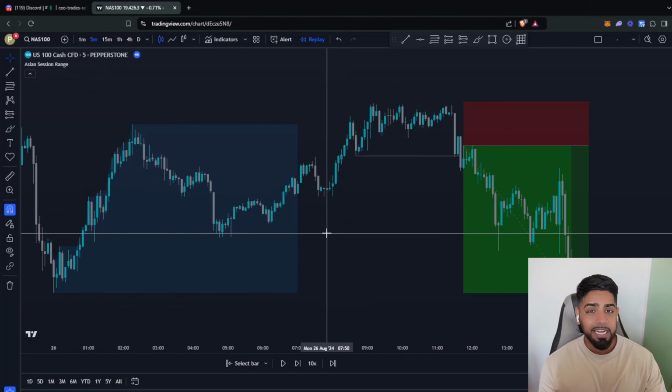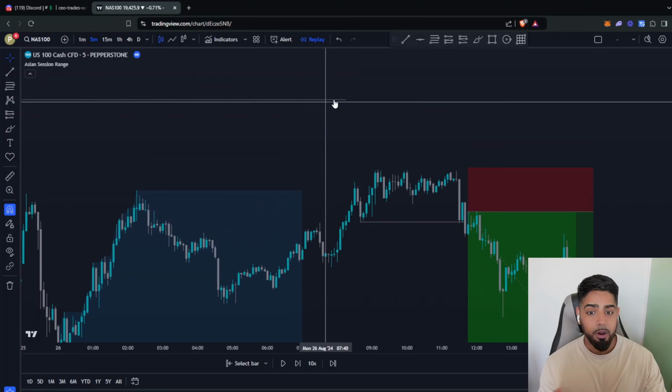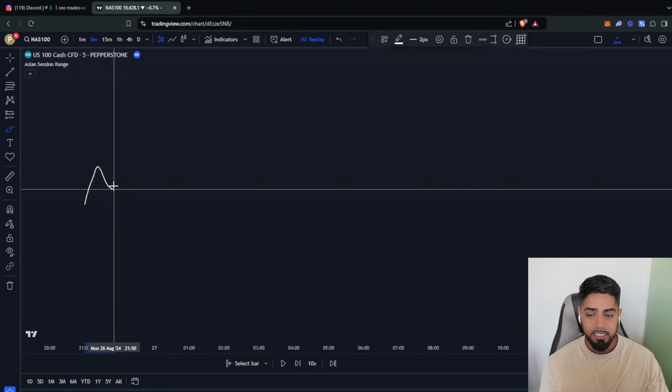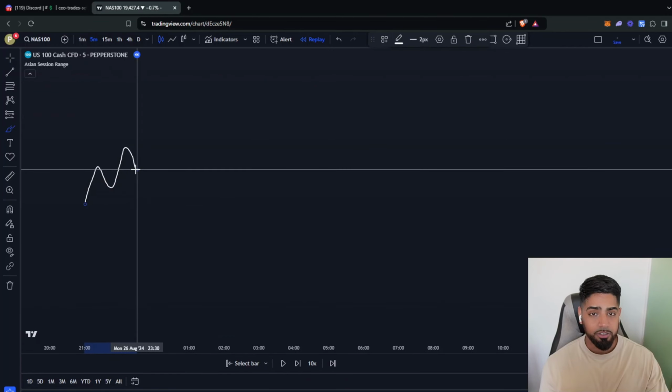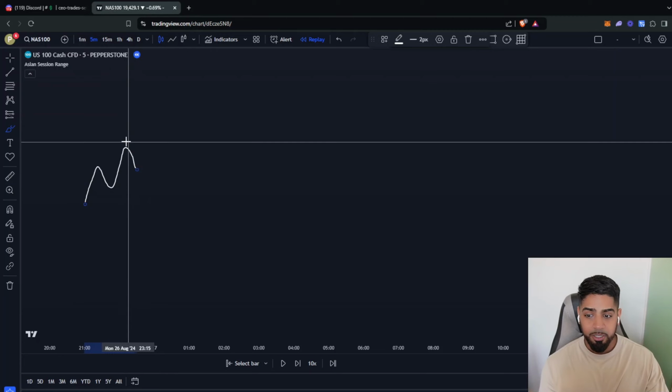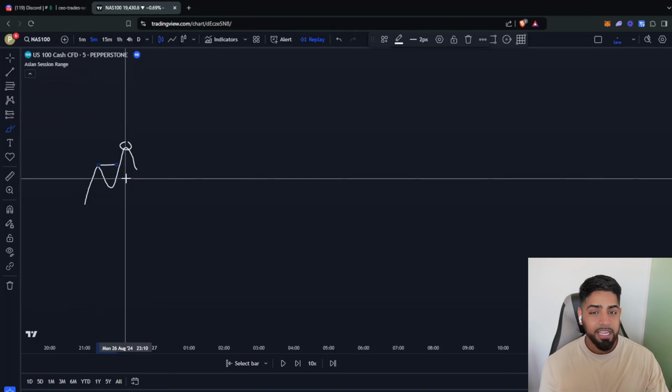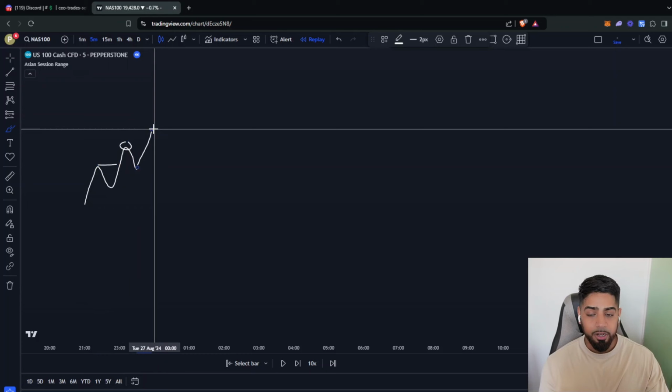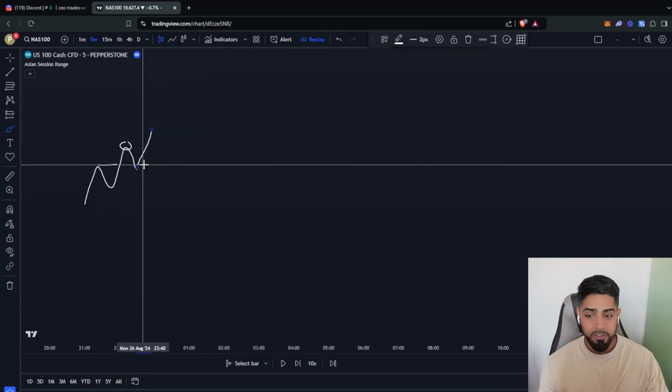Number two, we're going to need to understand how to identify a market structure. See a series of higher highs, higher lows, higher highs and higher lows. This means we're in a trending market because we're creating new higher highs and we're breaking the previous higher highs. Now, in order for us to get a market structure shift, that simply means that we've shifted from a bullish market to a bearish market and vice versa on the opposite side.